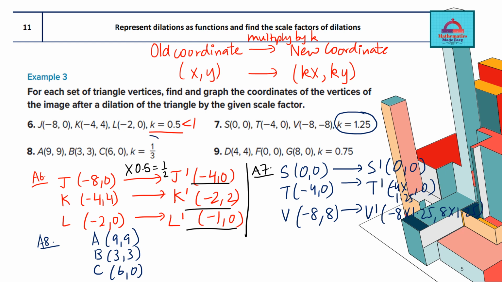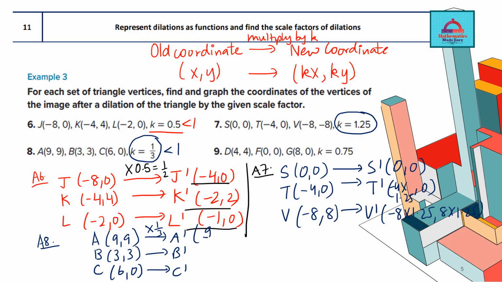Now look at the scale factor. It is 1 by 3 or less than 1. So this is a question on reduction. The new coordinates A prime, B prime, C prime after the dilation will be lesser than this. So when I multiply with 1 by 3, it is same as dividing by 3.